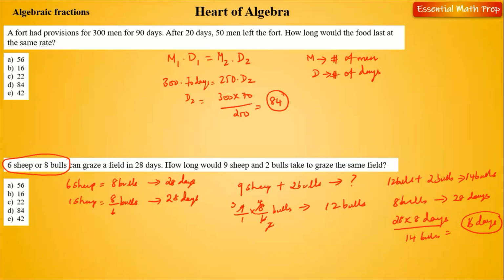Then we use the information to get the total number of days it would take for the sheep and bulls to graze the field. So this is a moderately complex problem because it is unlike the problem we did before, where we could use some sort of logical expression where we can plug in values to arrive at the final answer. Here you have to twist and turn the problem a little bit to be able to solve it, right?